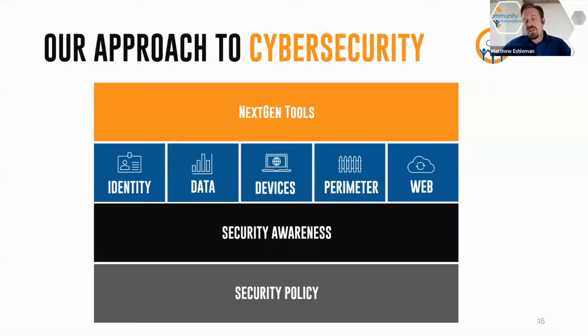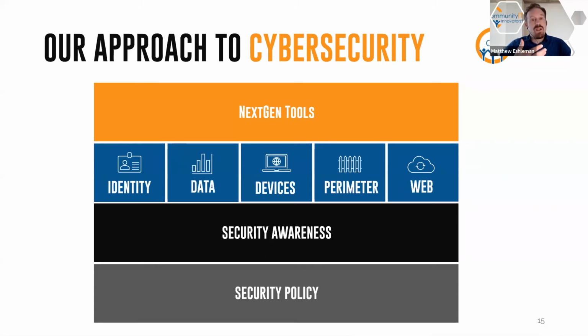And when we think about cybersecurity, this is a graphic that we use at Community IT quite a lot, where we talk about cybersecurity protections really being first rooted in policy and then training and awareness for staff. That's really our first line of defense.